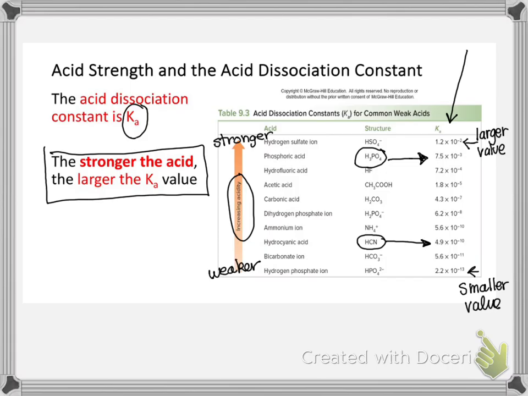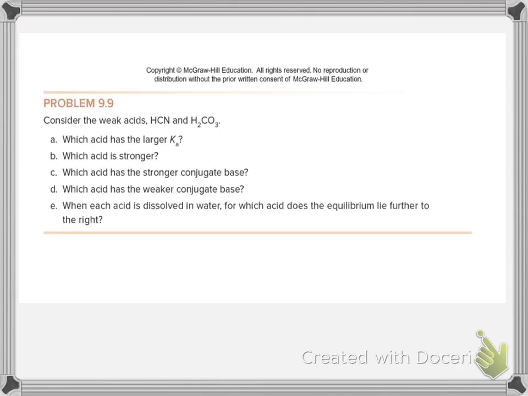So I have one question that puts several ideas together, including this with the Ka value. So let's go over it. It says, consider the two weak acids, HCN and H2CO3. Which acid has the larger Ka? Now, you wouldn't know this off the top of your head. You would either have a table or it would have given you the Ka values.